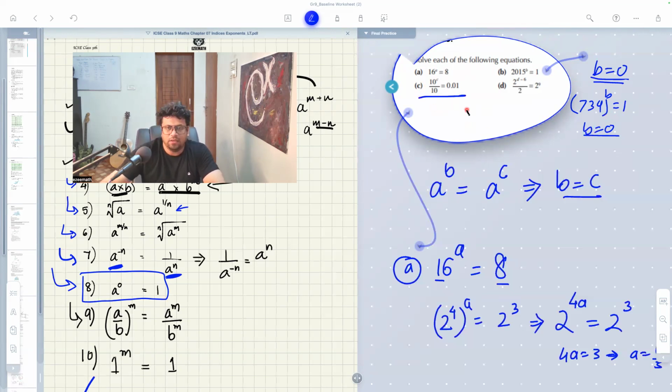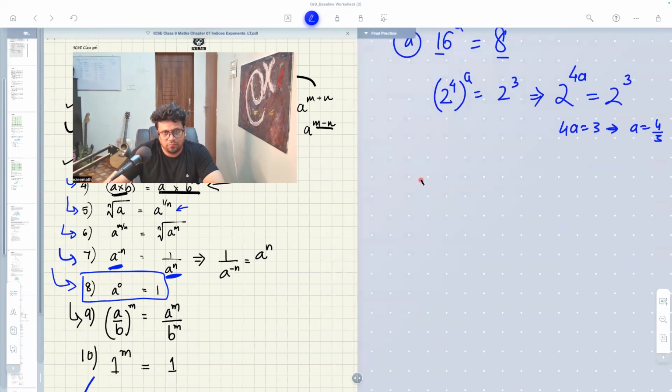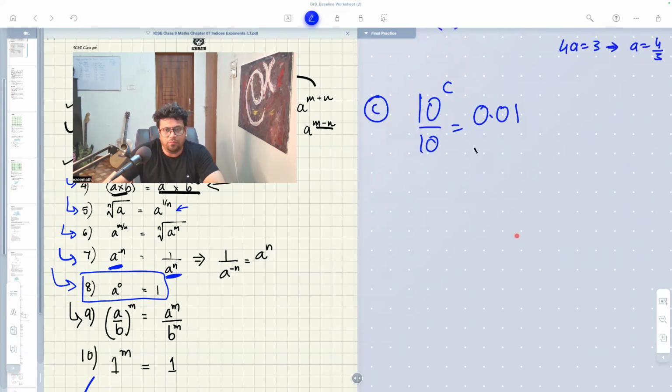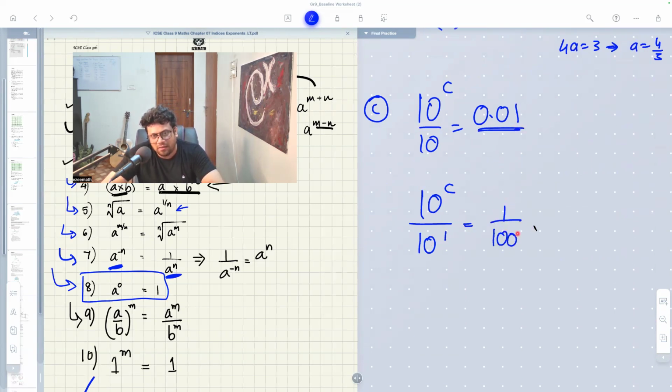Part C. 10 to the power of c divided by 10 is 0.01. Okay. 10 to the power of c divided by 10 to the power of 1 is equal to 0.01. Well, 0.01 is 1 divided by 100. Well, that's 1 divided by 10 squared.